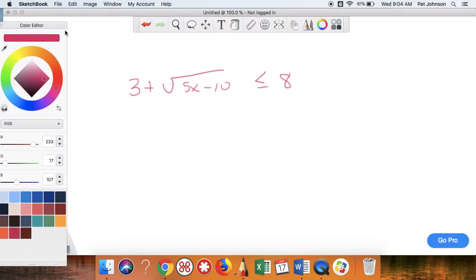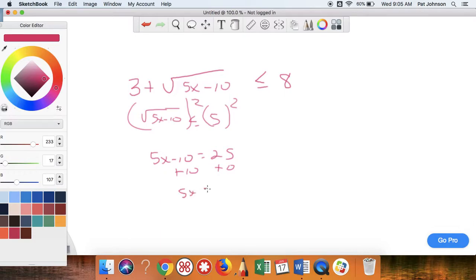So therefore, I have to do what we did with quadratics. The first thing you do is you need to identify the values of the variable, which means we solve. So we do the square root of 5x minus 10 less than or equal to 5, right, minus 3 from both sides. I square both sides. And I get 5x minus 10 equal 25. I solve for x. 5x equal 35.